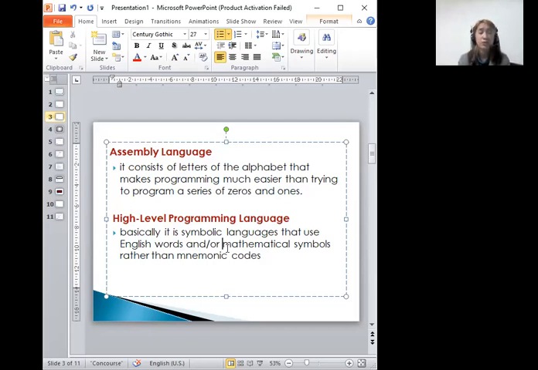So before the execution of the program, kino-convert muna ulit siya into binary digits kasi ang binary digits 0 and 1, yun lang yung naiintindihan ng ating computer. Okay po?